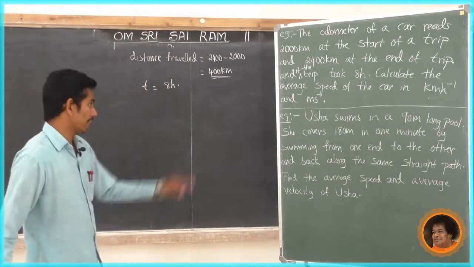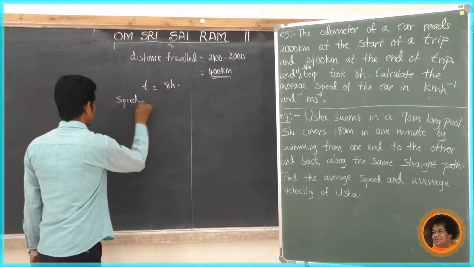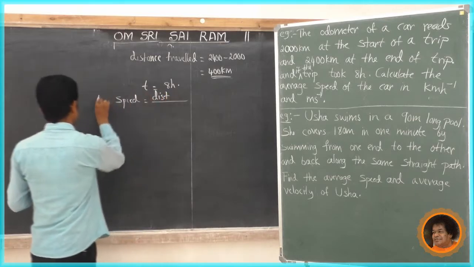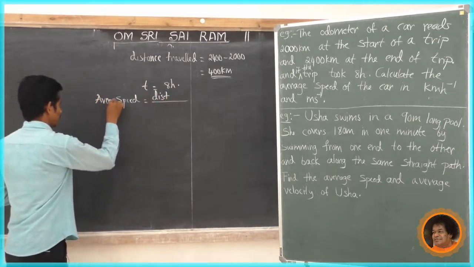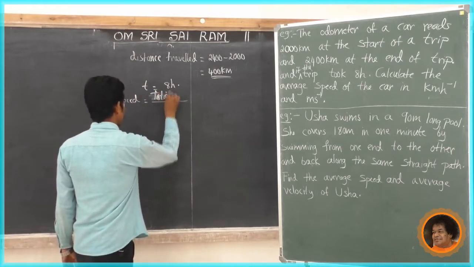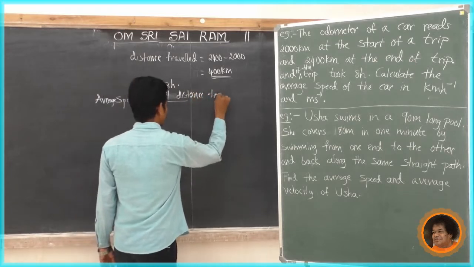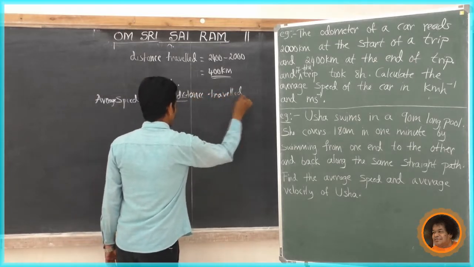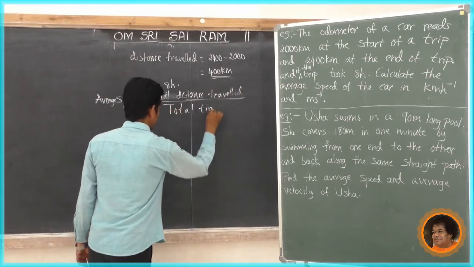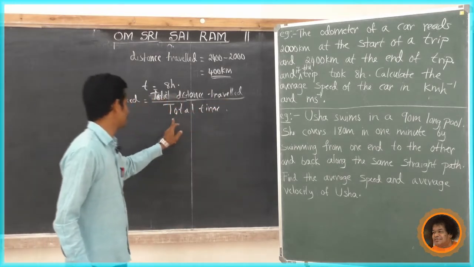Now calculate the average speed. What is speed? Average speed equals total distance traveled by total time.